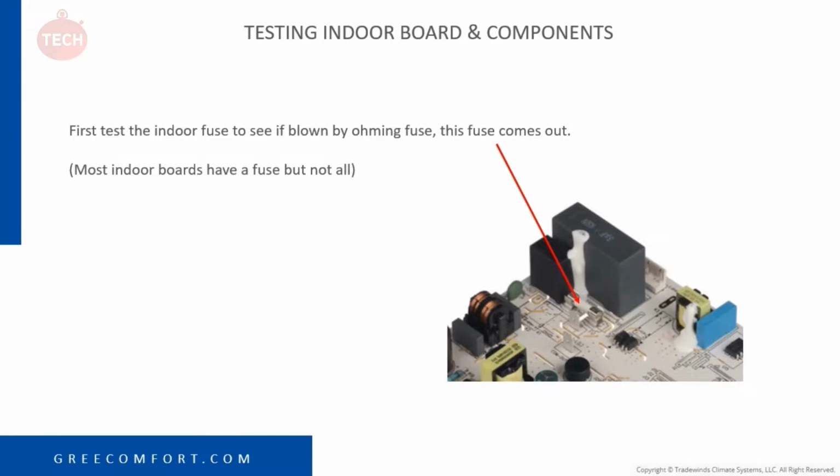This fuse does come out, so we can turn power off, pop that fuse out and ohm that fuse. If that fuse is blown, it could have been a power surge and the power surge protected the rest of the components, or it could have been one of the components in the board or in that unit that caused this to blow.